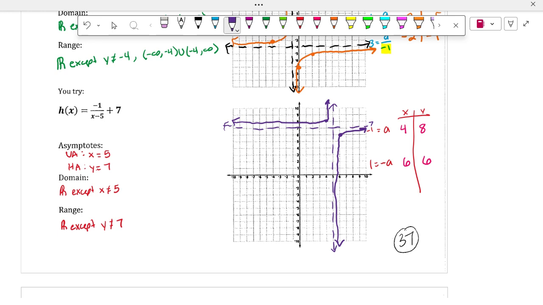This one's a little weird because since your a value is -1, your only choices for the denominators are -1 or 1. So you'd only have 2 points there, but you can still draw your branches. Can't you just split it over 2? Yeah, you could do 1/2 if you wanted to, simple fractions are fine. But on your test, you'll mainly have a values that are not 1 or -1.